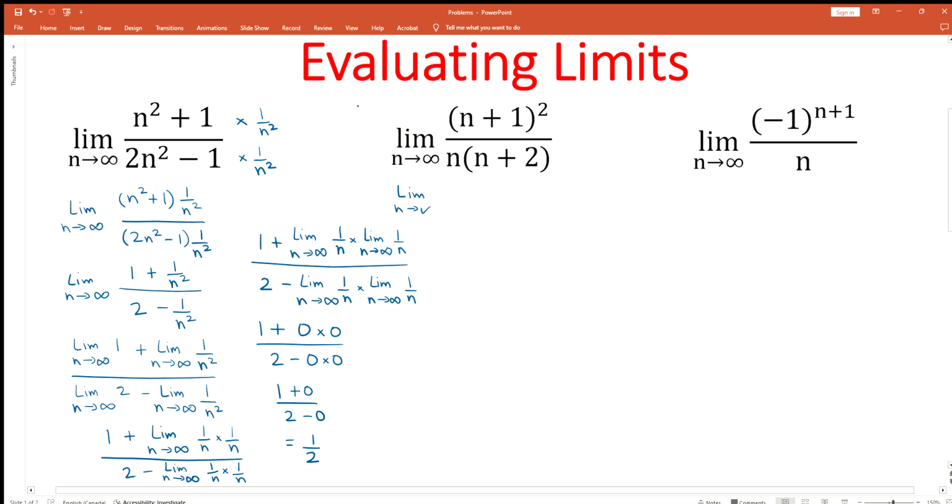We can expand the square by multiplying n plus 1 by itself. In the denominator, we can distribute the n into the parentheses. Next, we can distribute the terms in the parentheses in the numerator using the FOIL method.